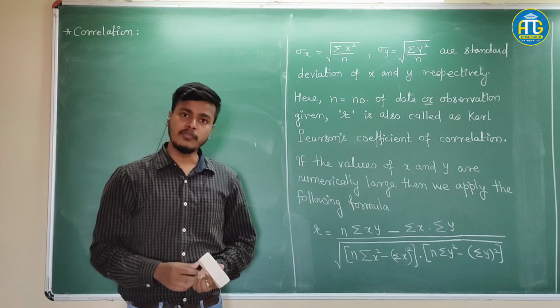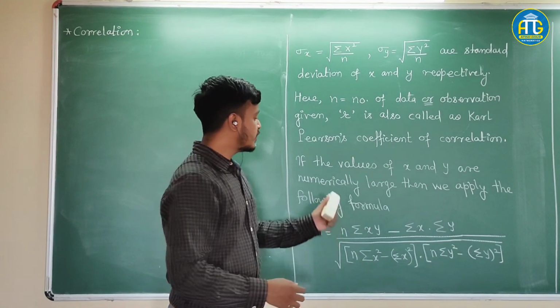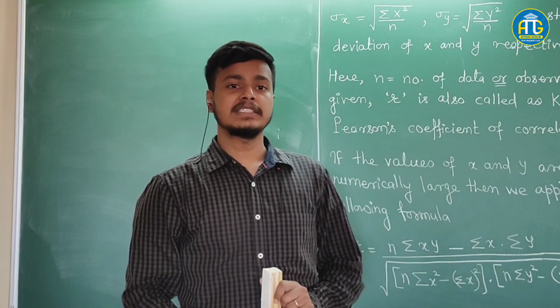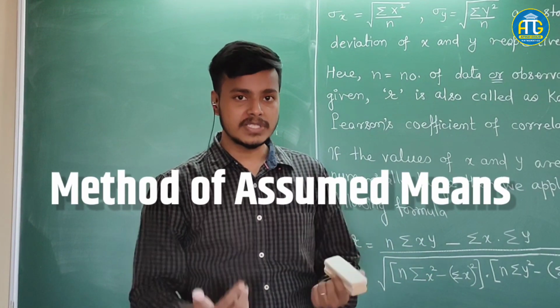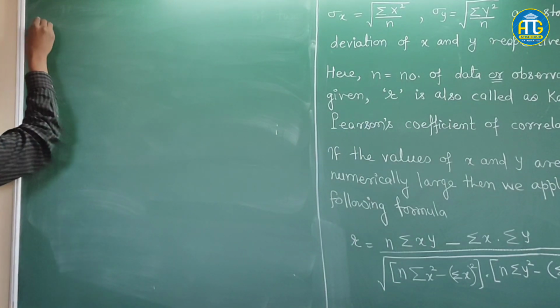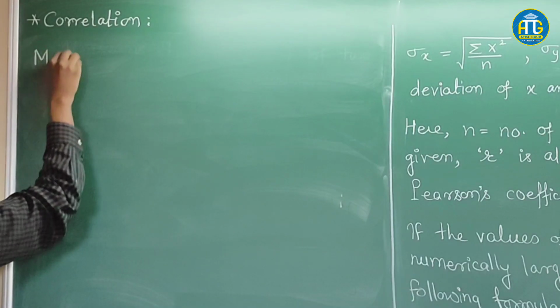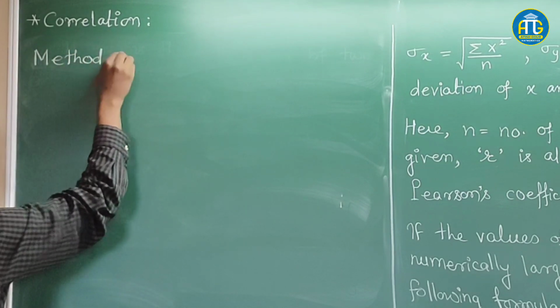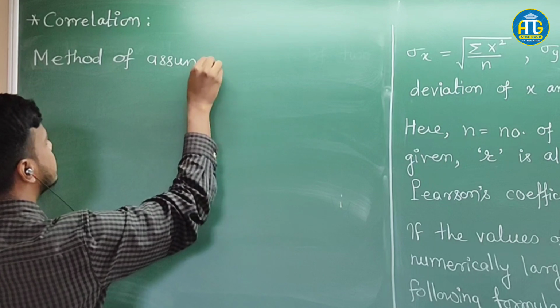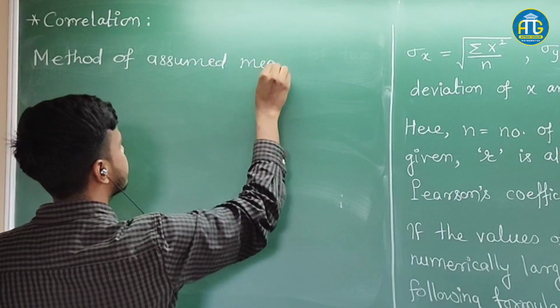Now there is one more formula that we are going to discuss. We have one more formula to find the coefficient of correlation, and that is known as the method of assumed means. So let us see what the method of assumed means is.